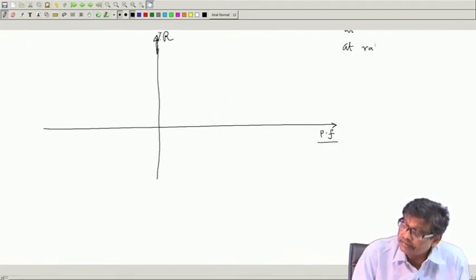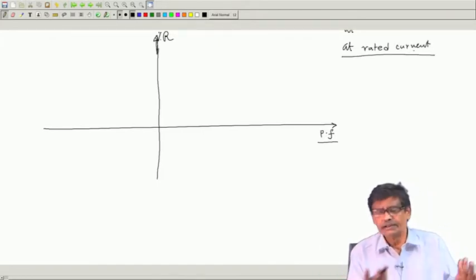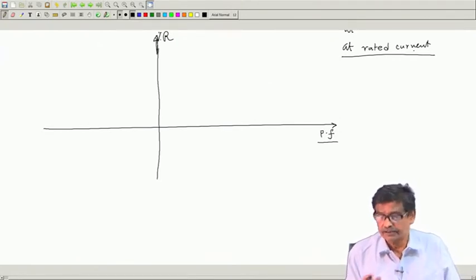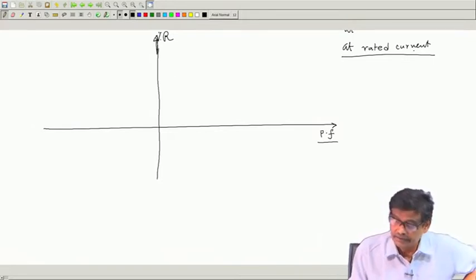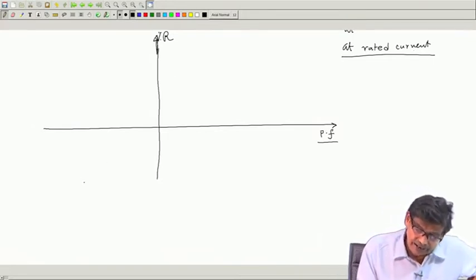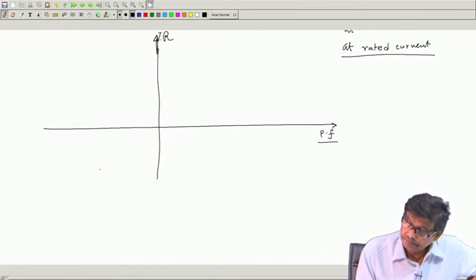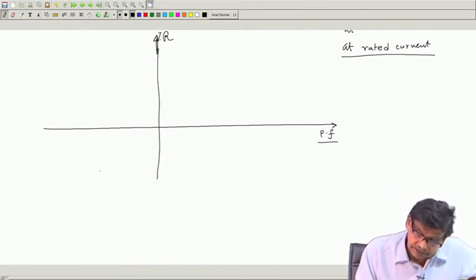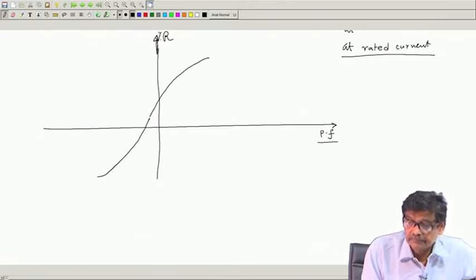Rated current means if secondary current is rated, primary too will have rated current, you do not have to bother. So, load current is rated means primary side current is also rated. So, a typical regulation curve will look like this one. I will just sketch it. Something like this.